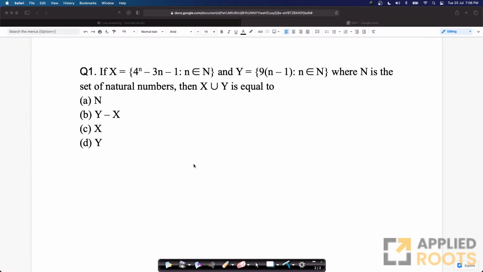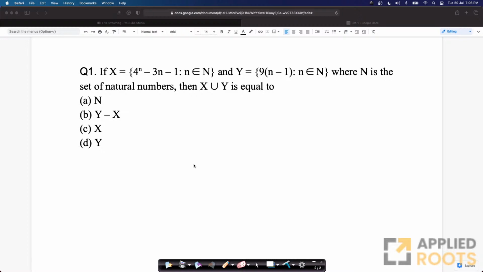Here comes the first question. Please solve the questions because that's the intention of this live session.